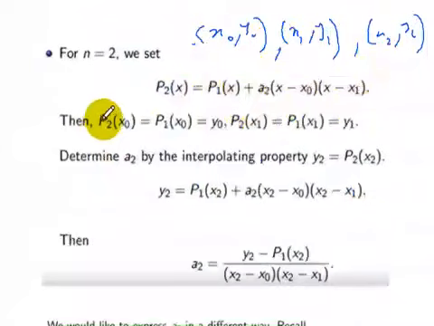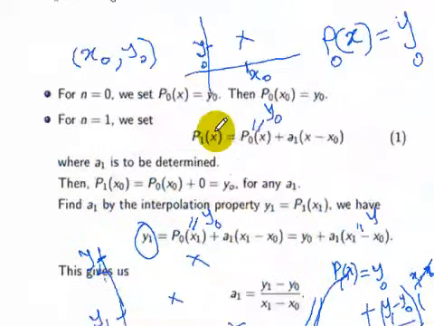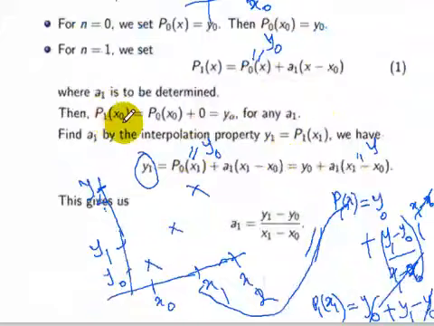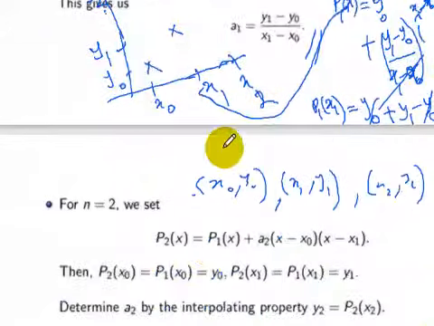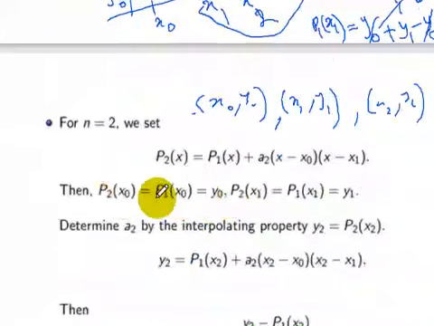So we know that this polynomial evaluated at x0 should be equal to y0, right? And p1 evaluated at this point is also equal to y sub 0 here. So p1 evaluated at x sub 0 is equal to y sub 0, and this is clear, right?